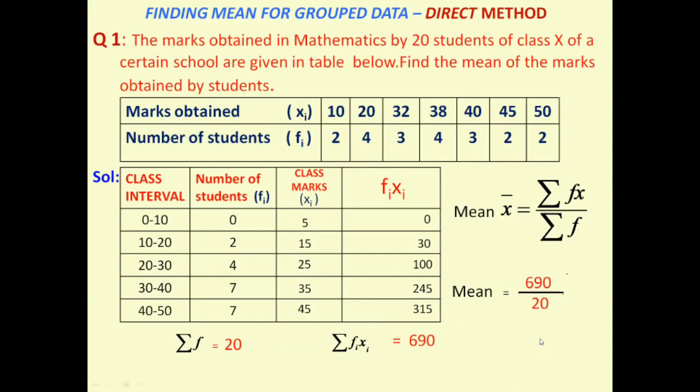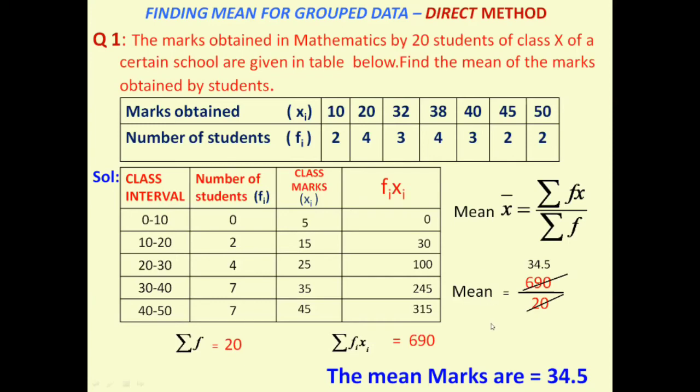Next we cancel both, and then we have 34.5 as the answer. So the mean marks are 34.5. This is the method to find the mean for grouped data.